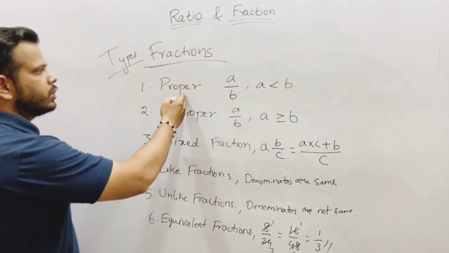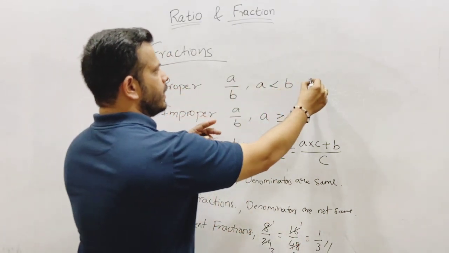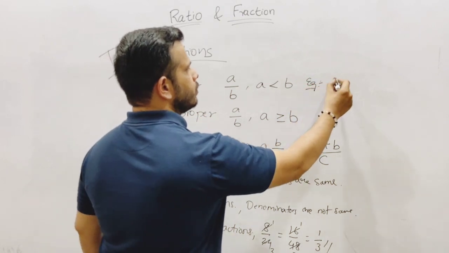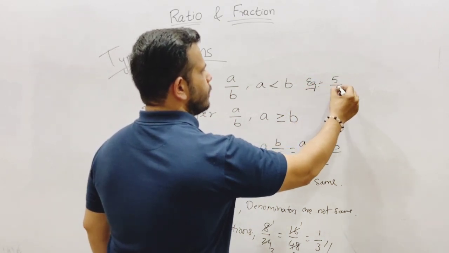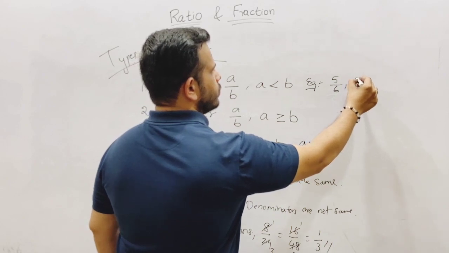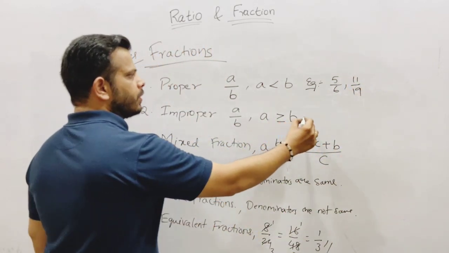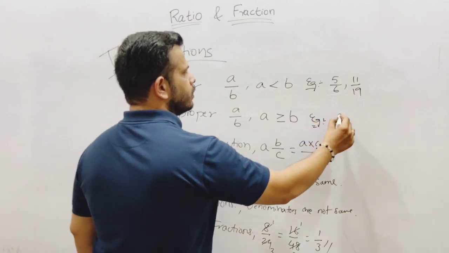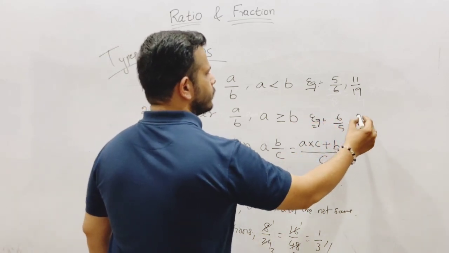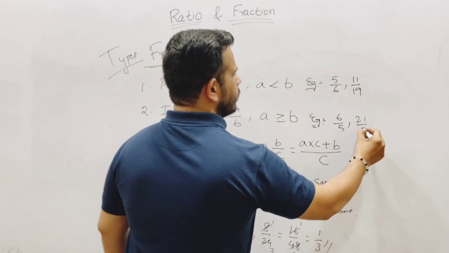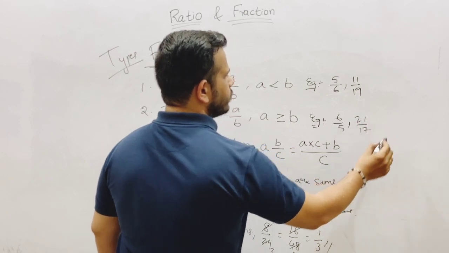And proper fraction, for example 5 by 6, 11 by 19. Improper fraction, 6 by 5, 21 by 17.